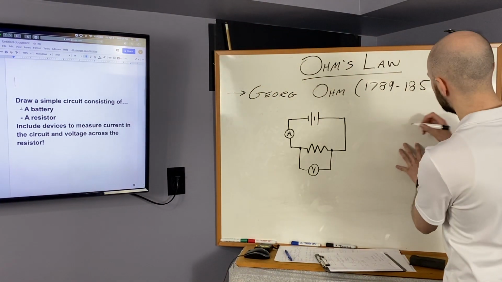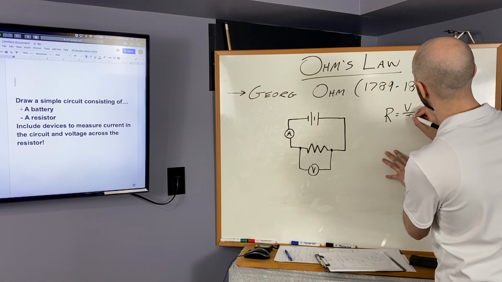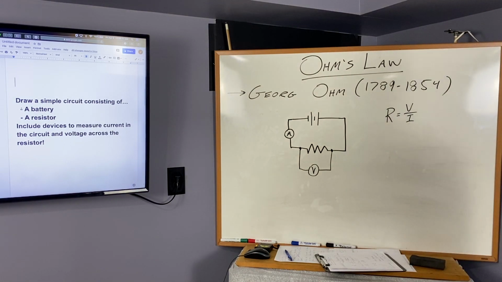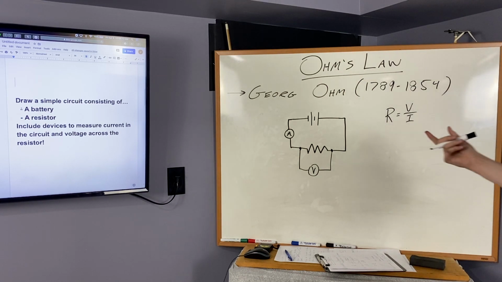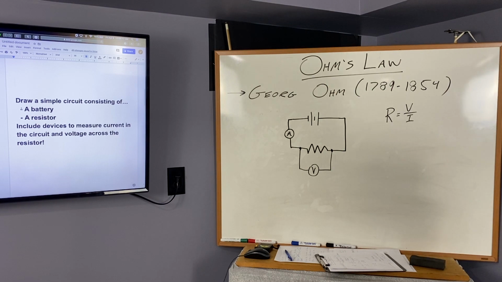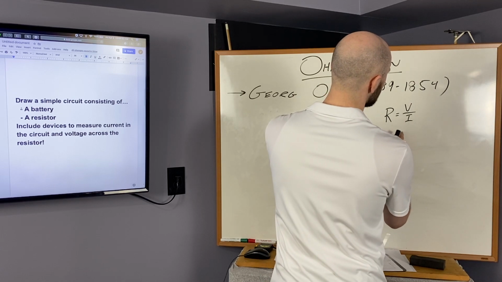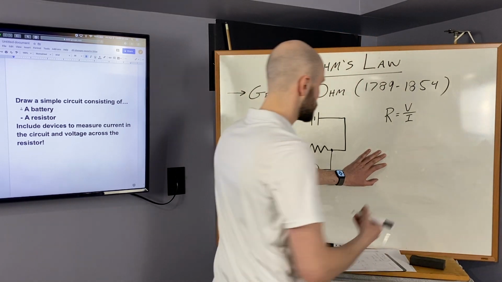So we said Ohm's law is R is V over I. This is how it shows up in your reference table, right? But let's rearrange this a little bit to see if we can better understand what Ohm's law is telling us. I want to solve for current.